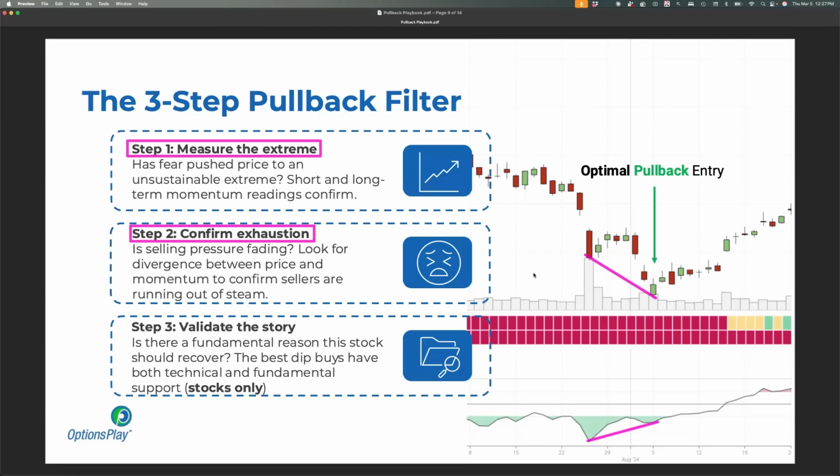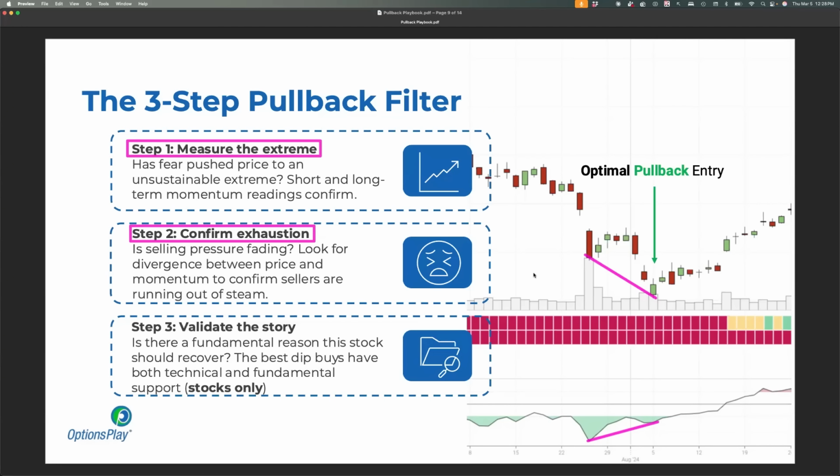I'm just giving you an example of software stocks, but you have to apply that level of common sense to the market conditions that you're in, to get a better sense for whether or not it fundamentally makes sense. Okay, so that last part is probably the most subjective part of this. The first two steps are completely objective. There's no ifs or buts. Either it generates that extreme move and has exhaustion or it doesn't.